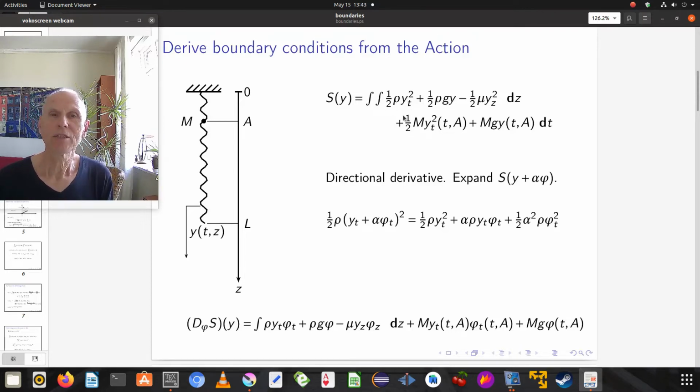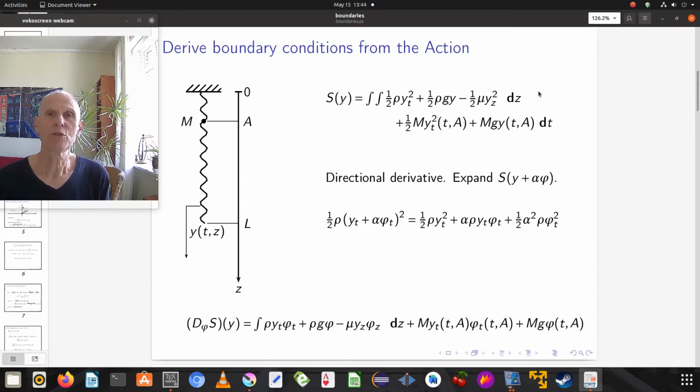And then minus the potential energy, and usually it's minus, this half shouldn't be there, that's a mistake. Rho, the gravitational constant, times the height, but y goes downwards, so it's plus. And the potential energy of the mass at A, and then the potential energy of the spring.